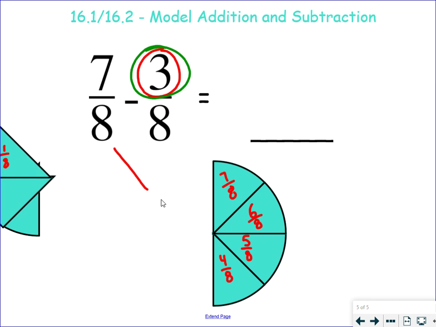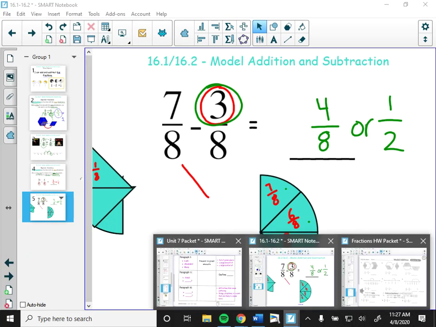So how many do we have left? 1, 2, 3, 4. Our answer is 4/8 or 1/2. All right, so let's get started on our worksheet here.